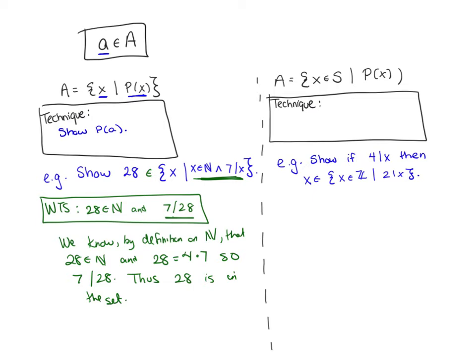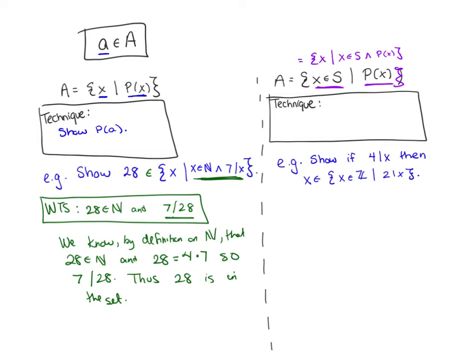Now, if my set was defined with a little bit more information, so I'm taking now the set of x in S such that P of x is true, then really I want to think about this as the set where I have x, where x is in S, and P of x is true.